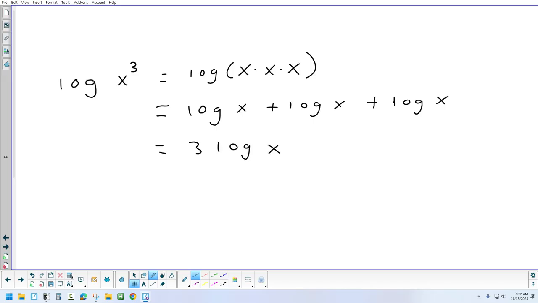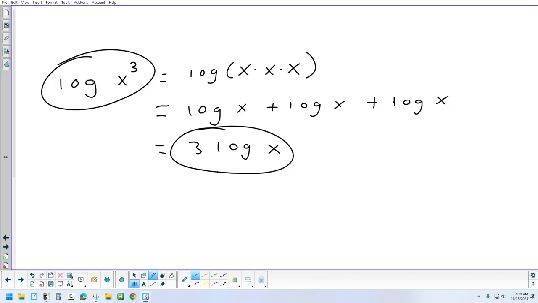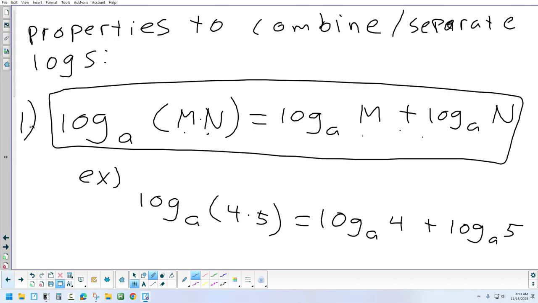So what happened to get from here to here? So we don't have to go through all those steps in the middle. Does anybody notice? Yeah? We just took the 3 from the... Right, the exponent on the argument went in front. Right, so that's property 3.